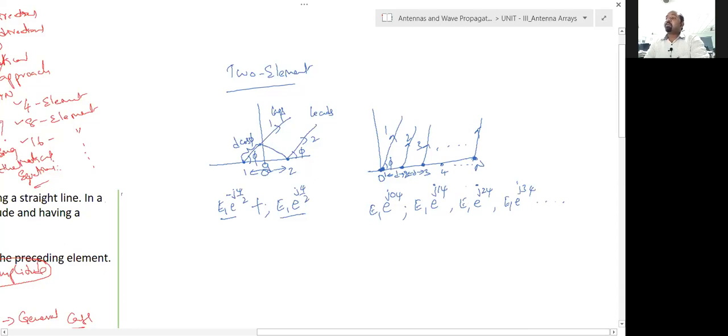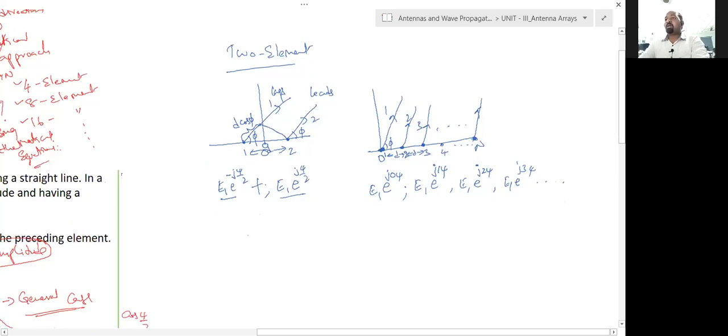Because all the elements are placed to the right side of the origin, we get psi, 2 psi, 3 psi, and so on. But in the two element array, one element is on the left hand side and another on the right hand side, so psi by 2, psi by 2.